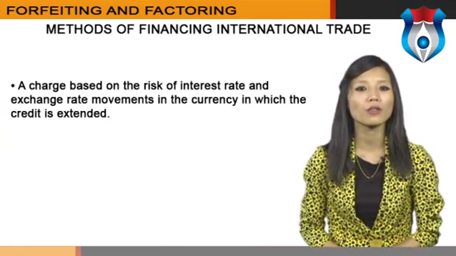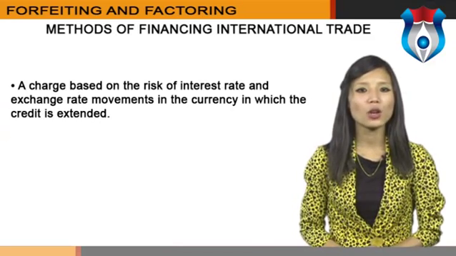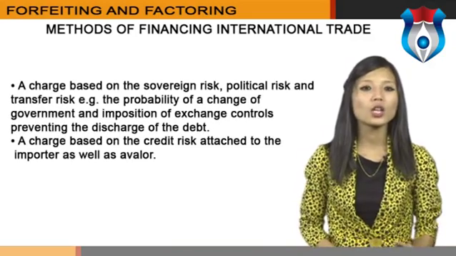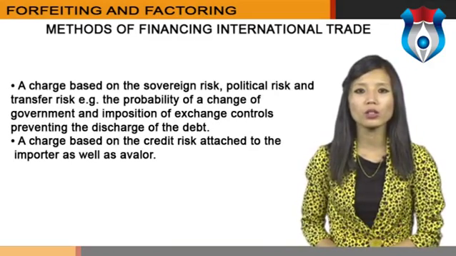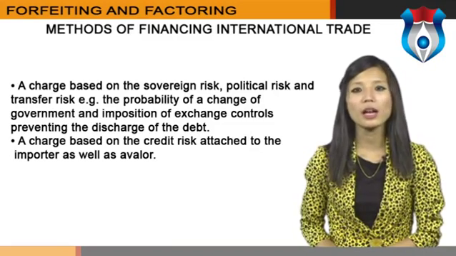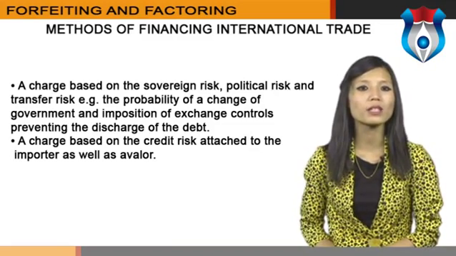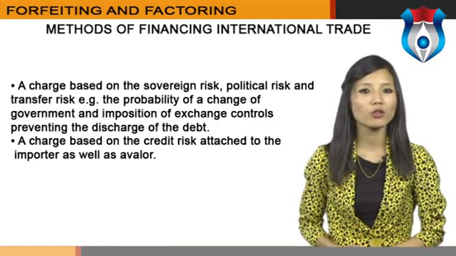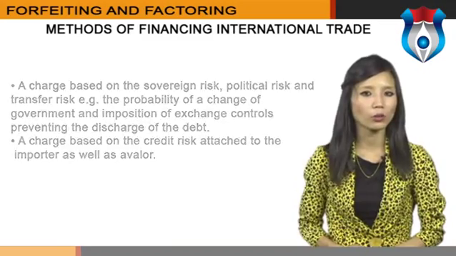A charge based on the risk of interest rate and exchange rate movements in the currency in which the credit is extended. A charge based on the sovereign risk, political risk and transfer risk, for example, the probability of a change of government and imposition of exchange controls preventing the discharge of the debt. A charge based on the credit risk attached to the importer as well as the avalor.